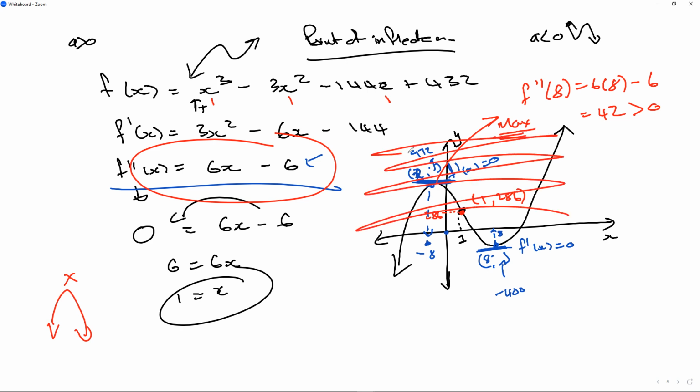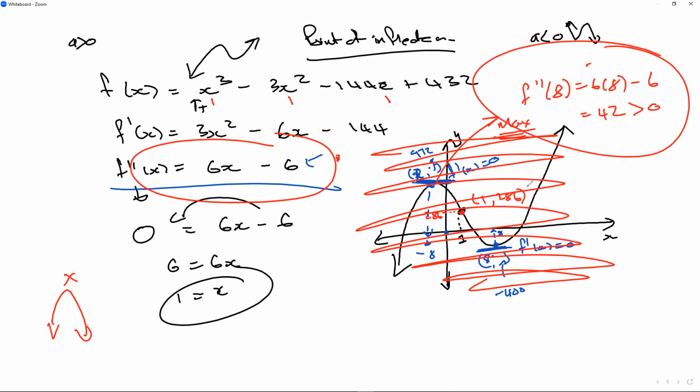So suppose you don't have this graph, but you have that, and you found your coordinate. You could then realize the graph is going to reach its peak at that point, its maximum.